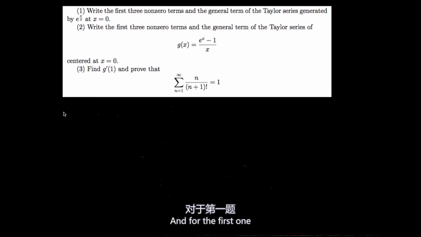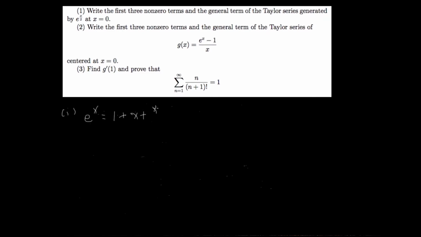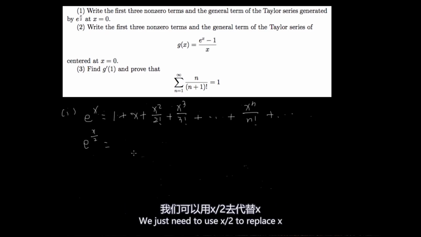And for the first one, because we know that e to the power of x actually equals to this, and plus, this. So if you want to get the value of e to the power of x over 2, we just need to use x over 2 to replace the x.